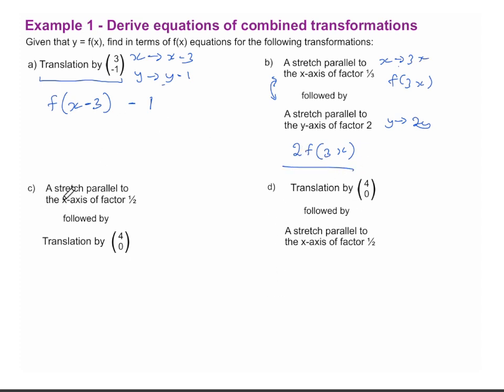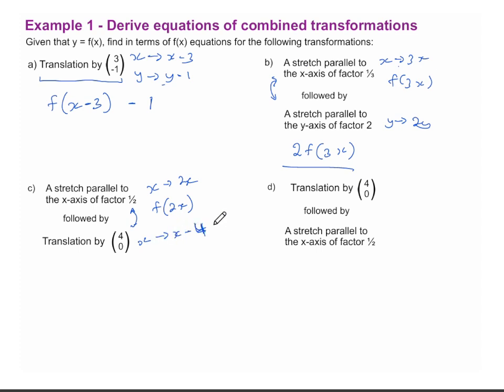Then next, a stretch parallel to the x-axis of factor a half, and then a translation by 4. Now here both are in the x direction, so we have to do it step by step. This one does what? x becomes 2x, which means f of x is becoming f of 2x. So we are here right now. Then we are applying a translation 4 units to the right, which just means x is becoming x minus 4.